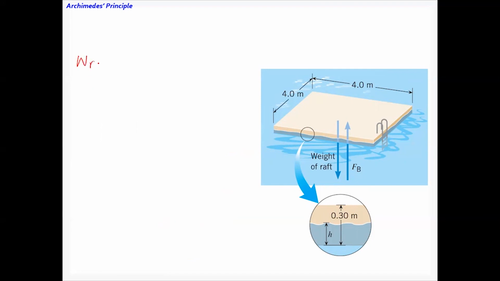Weight of the raft is equal to mass of the raft times gravity, right? So how do you find the mass of the raft? Okay, so density equals mass over volume. So from here, you can find mass equals rho times V.